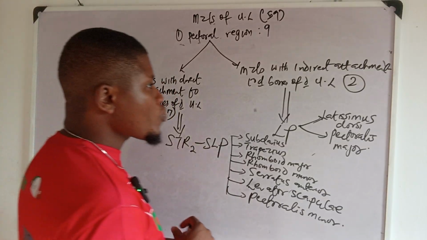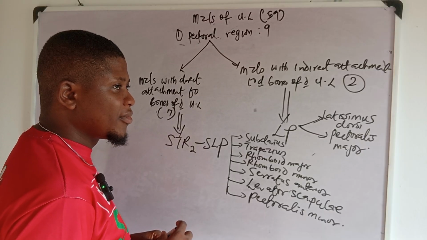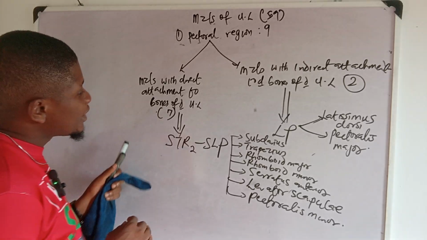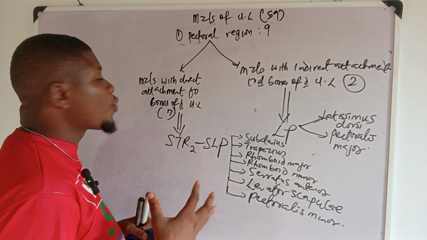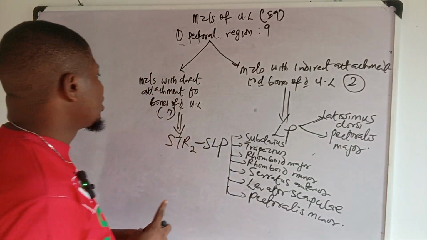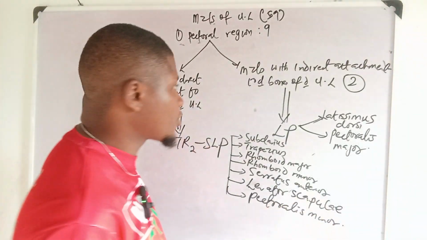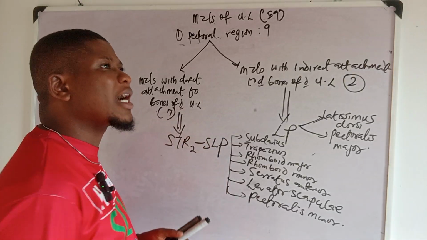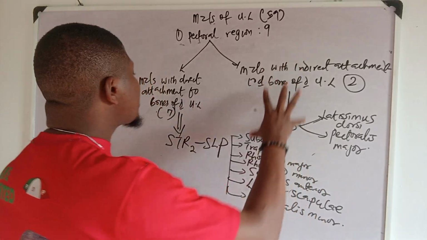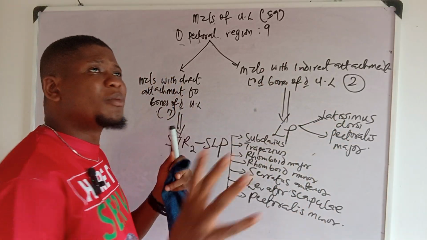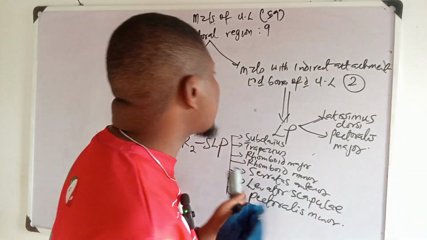Most times, direct attachment means that the muscle originates from where it's coming from and goes directly to attach to the bones of the upper limb, such as the clavicle, scapula, or humerus. For the indirect ones, these two big muscles pick their origin from different places before going to insert at the bones of the upper limb. That's why we call them indirect attachment.